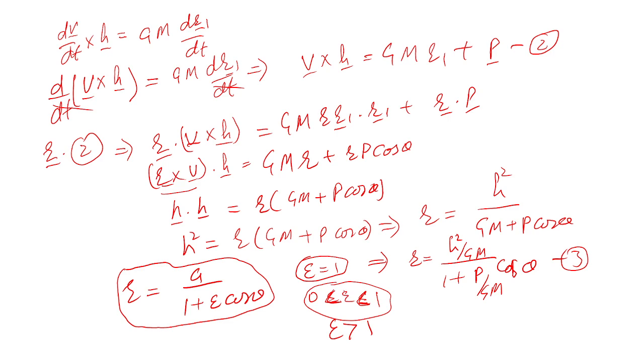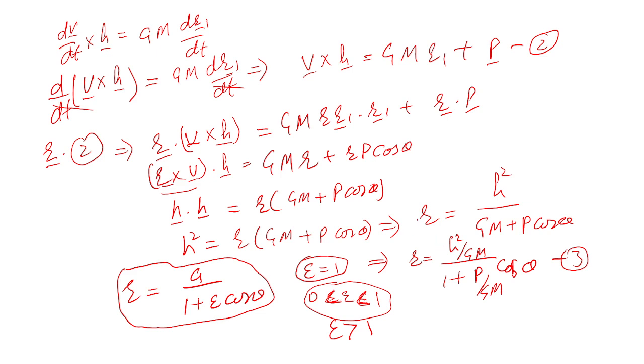And we know that the planet moves in a closed path. So the conclusion is that this path should be an ellipse, because the planet moves in an elliptic orbit. This is the solution of the given equation, and it is an ellipse.